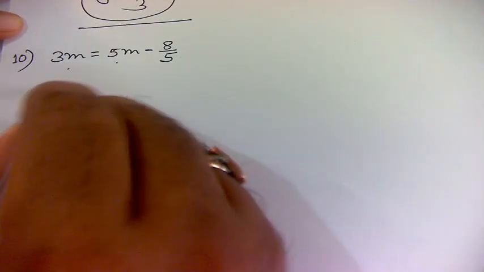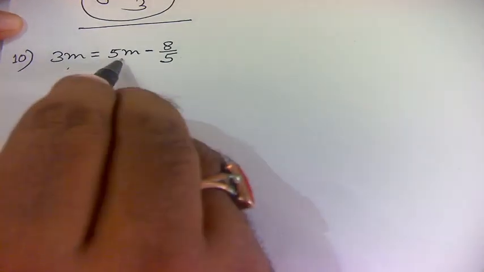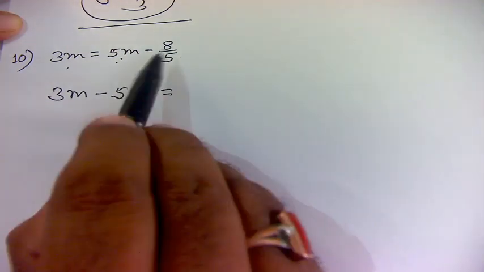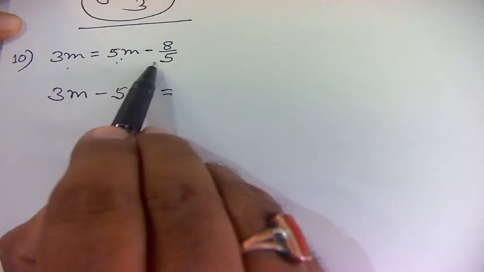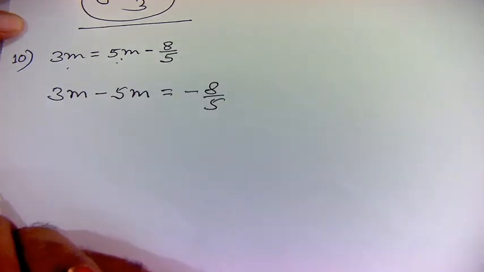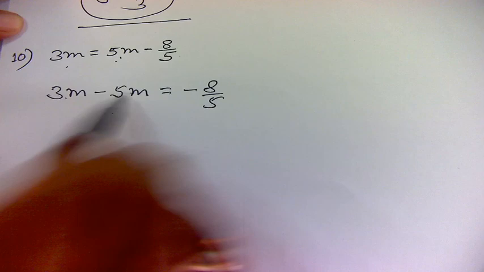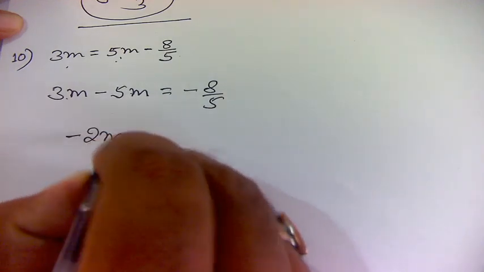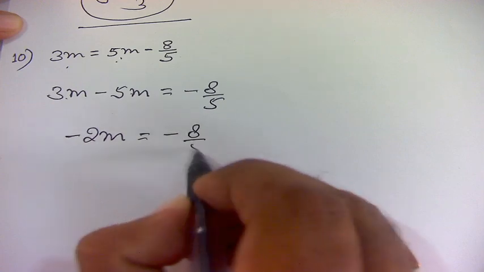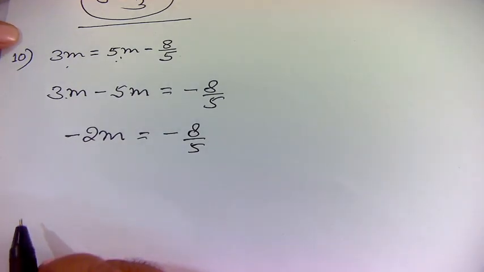Now here 3m, this minus 5m, when you transpose it, bring it to the left side, it becomes minus 5m equals to, now here what will be left? Here you are left with minus 8 upon 5. So 3m minus 5m will give you minus 2m equals to minus 8 upon 5.